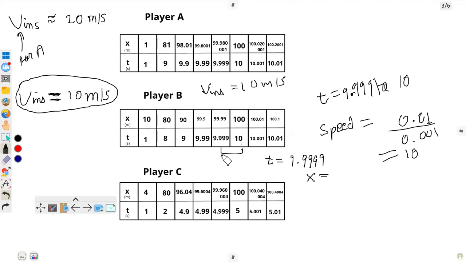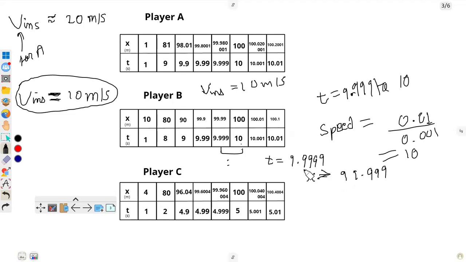So I was saying, is there a sudden change? What I mean is we have assumed that between t is equal to 9.999 and t is equal to 10 seconds, there is no sudden change. What I mean by sudden change is, say at t is equal to 9.999 the car actually travels a distance greater than 99.999.